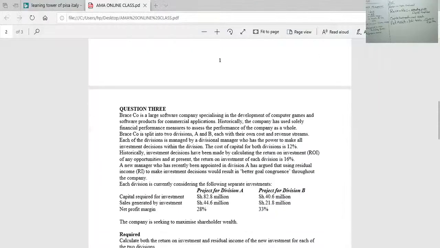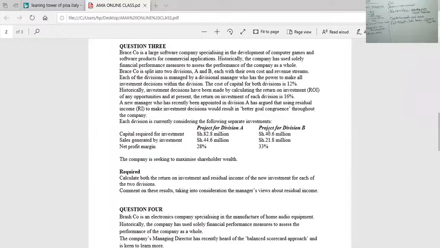Are you able to see that question? We are reading together.